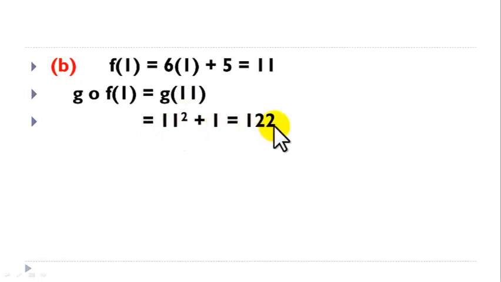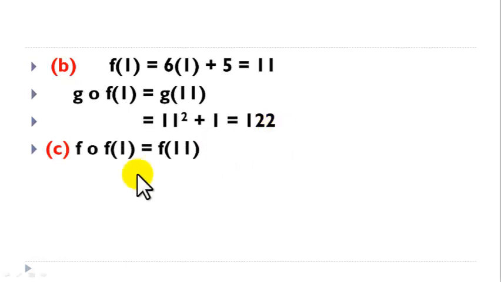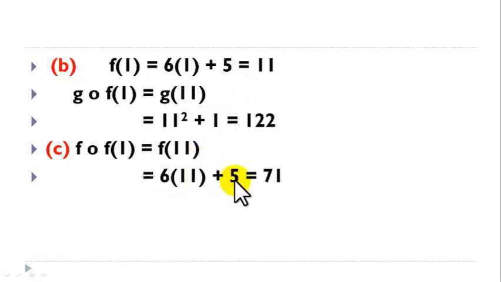And that is 122. C. f∘f of 1. We record that f of 1 is 11. So f∘f of 1 will be f of 11. And this is equal to 6 times 11 plus 5. And that will give us 71.